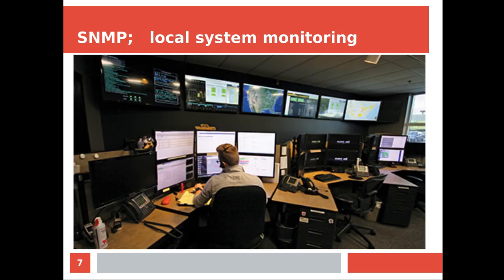And then those reports all get aggregated into local system monitoring. So we're looking at the health of a number of different networks. Each of these networks are often informed by the underlying SNMP protocol.